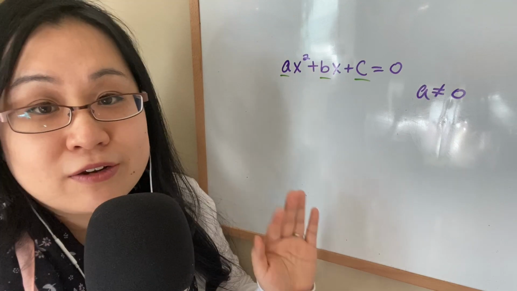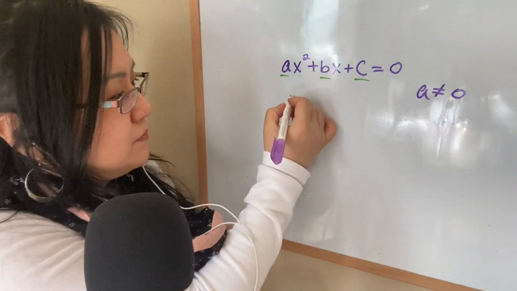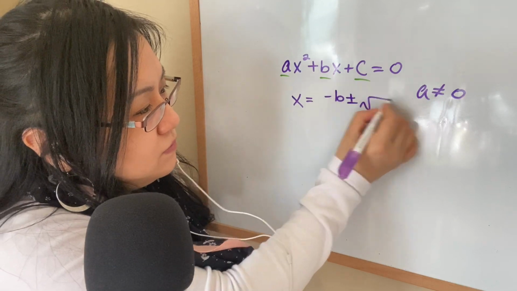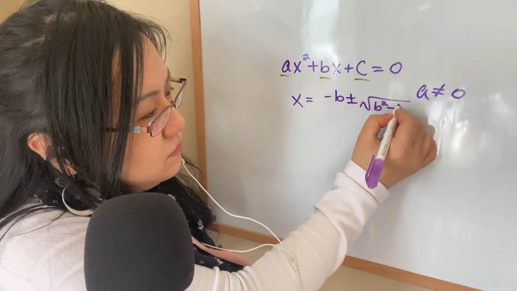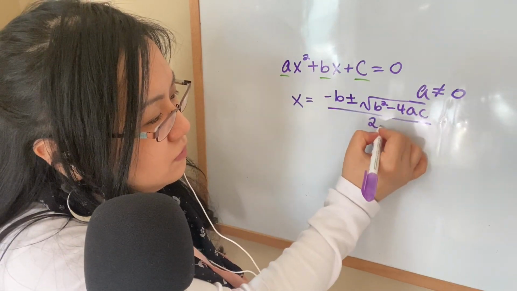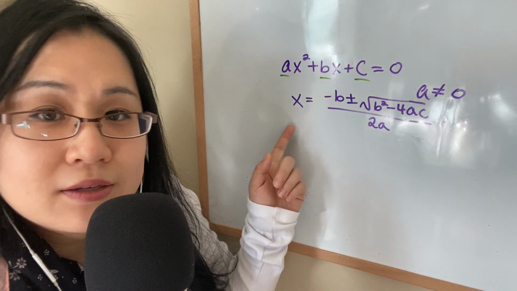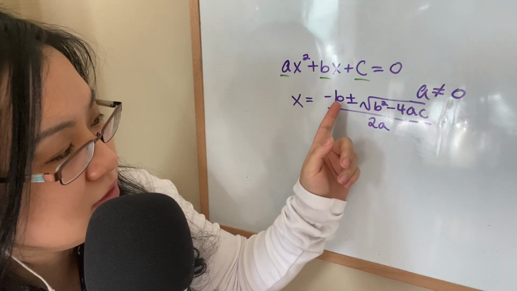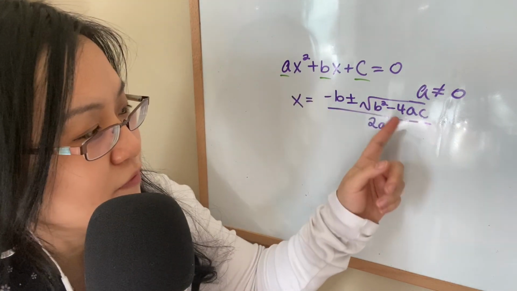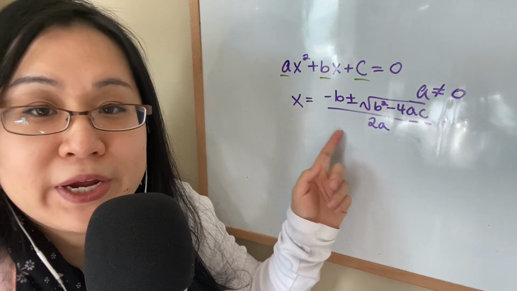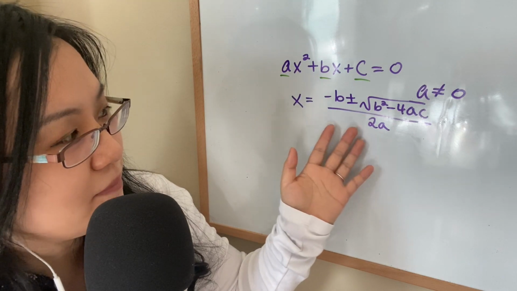So the quadratic formula is x, which is the same x here and here. X equals negative b plus or minus the square root of b squared minus 4ac all over 2a. What does that mean?